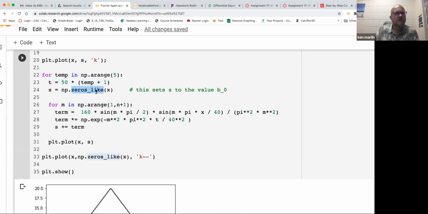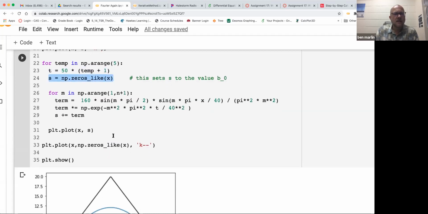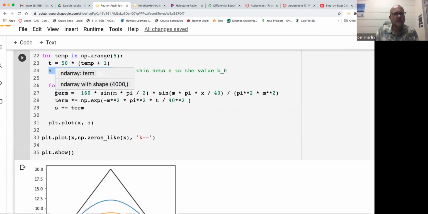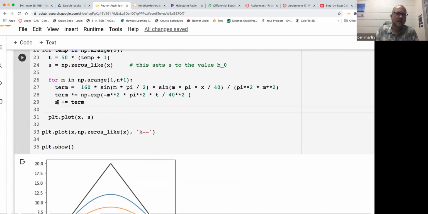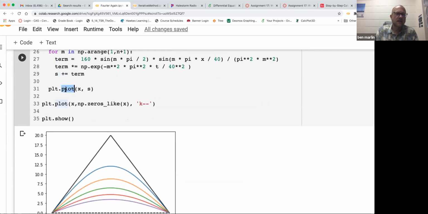So then I started my S to be 0. And then I came along and did the same thing about the terms as I did before. But now the t that appears right here will have a value other than 0. And so when I add those up and get my new S, I tell it to plot.